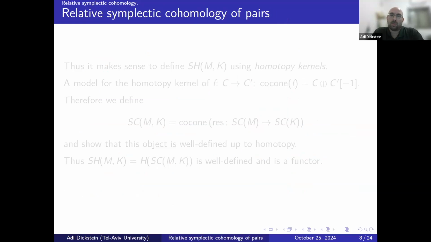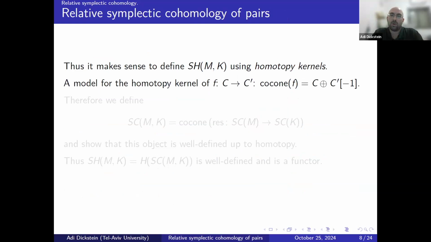For our purpose, we define the notion of relative symplectic cohomology of pairs (M, K), where K is the subset. And for that, we have to use a kind of homotopy kernel. So we used a model of a homotopy kernel, which is the cocone. What is the cocone of a map f from C to C prime? As a model, it is just the sum of C with C prime with a shift of the indices, and f itself appears in the formula of the differential.